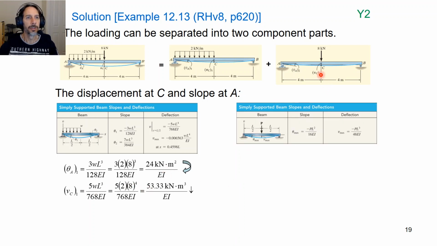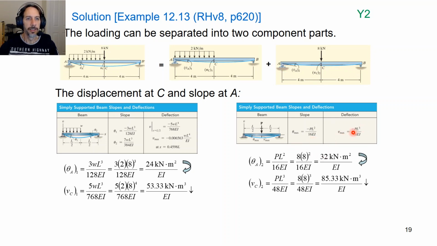All right, so now let's look at the second loading. So simply supported, point load in the center. This one's a little bit easier. Okay, so the slope, all we get is the maximum slope, so that's obviously going to be at the ends, and because the load's in the center it's symmetric, so both sides are the same. And the deflection will be maximum at the center under the load, so we can get those directly from these formulae.